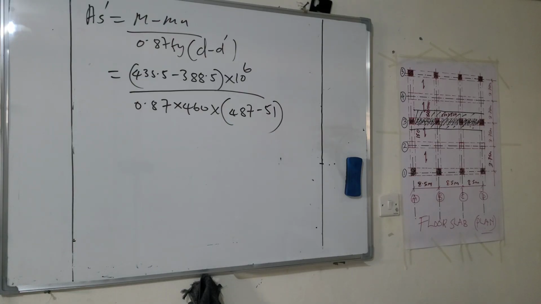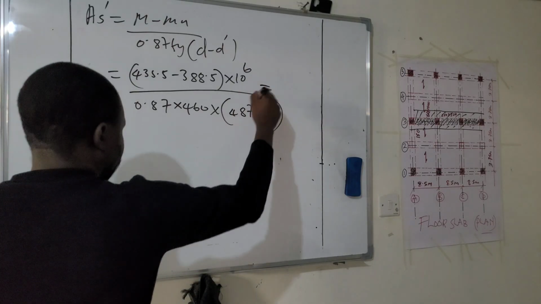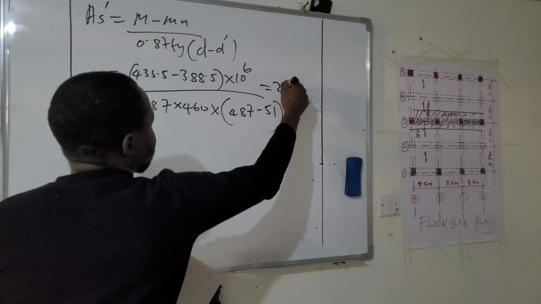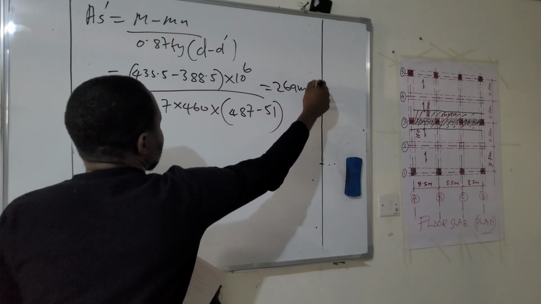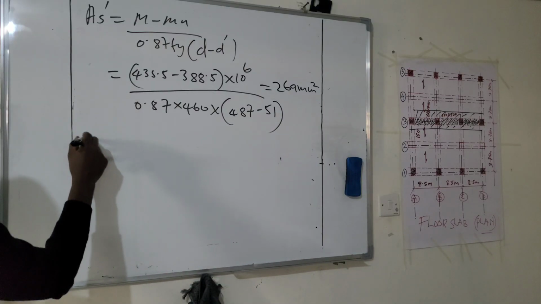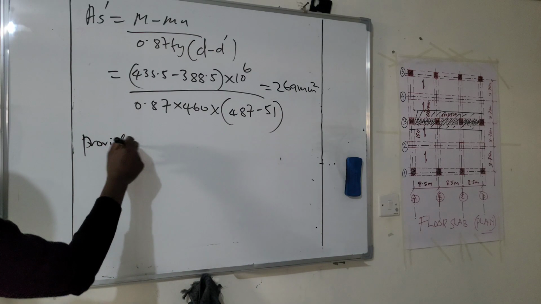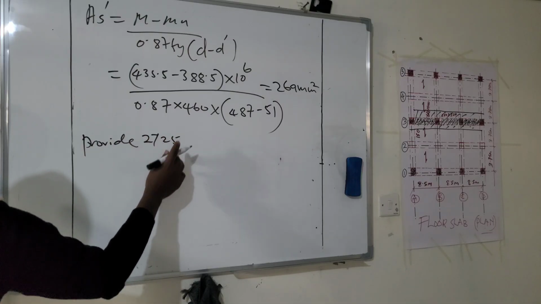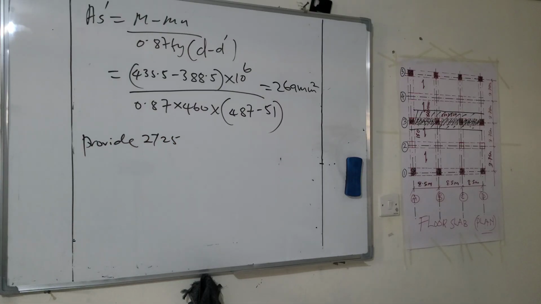So the area is equal to 269 millimeter square. So provide 2Y25. Remember to maintain the diameter of the bar you assumed.